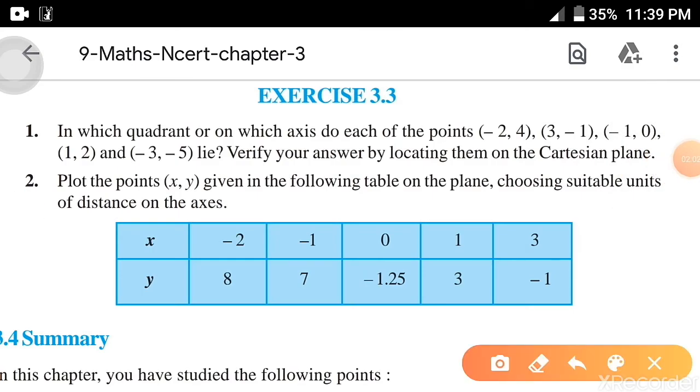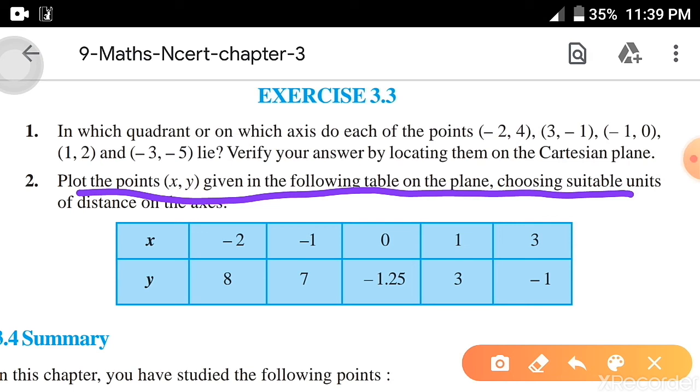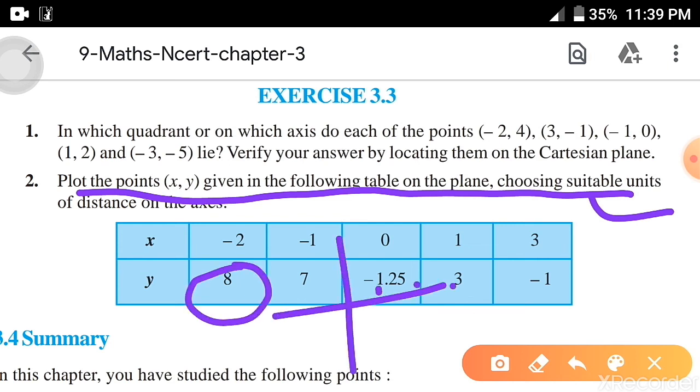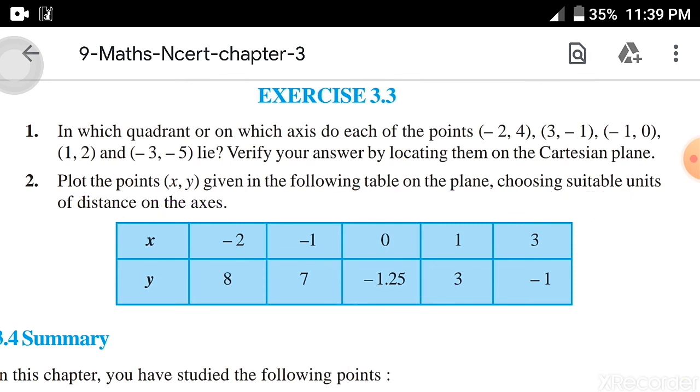In the next part we have to plot all these points on this Cartesian plane using suitable units. You can see that the maximum is 8. So we can take the units as 1, 2, 3, 4 like that. Now see how we will solve it.